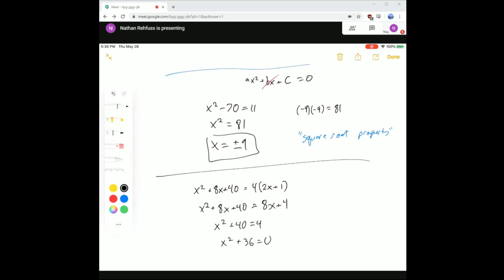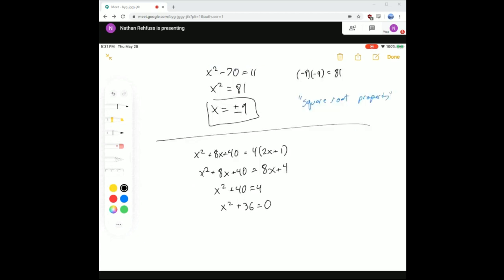Now I told you back in chapter 1, sum of squares does not factor. There's no way to factor x squared plus 36. So our only way forward, the only thing we can do, is to try to use that square root property. Since there's no linear term, I'm going to subtract 36 from each side.